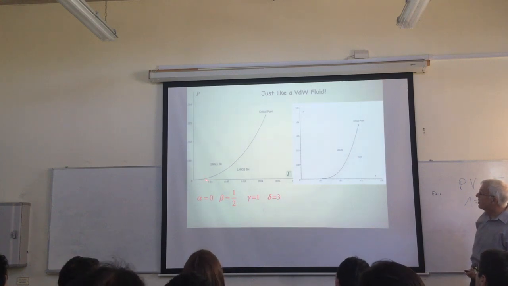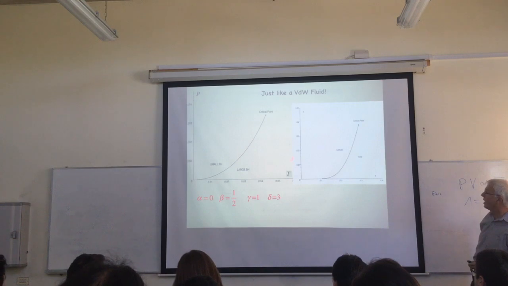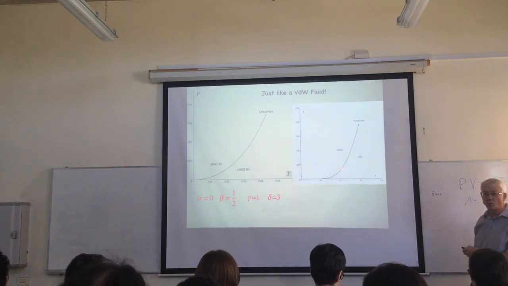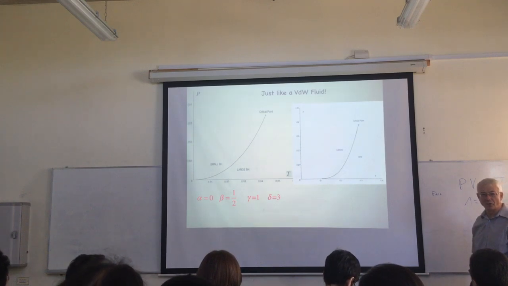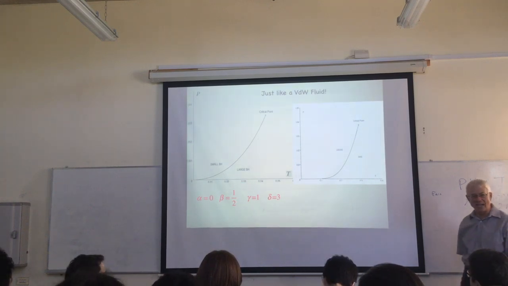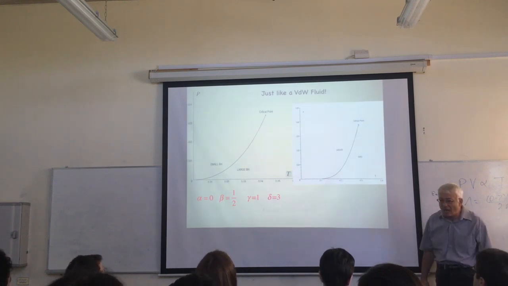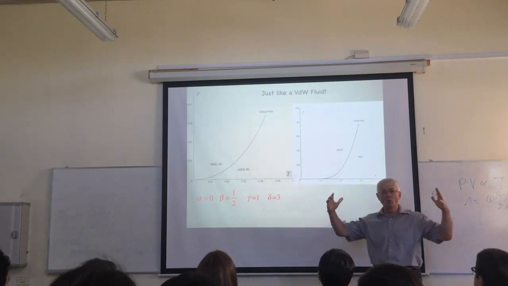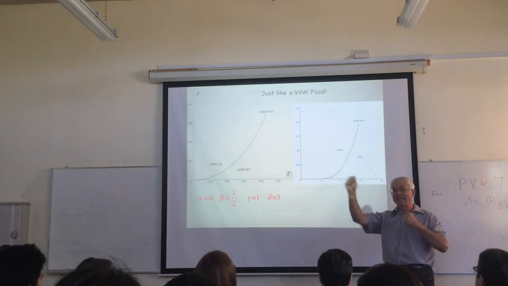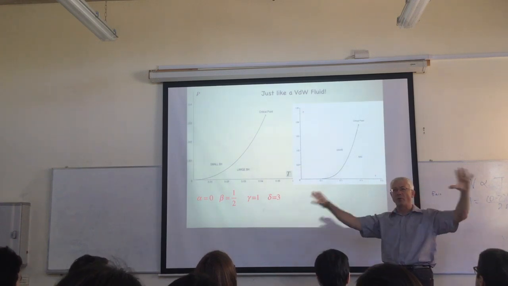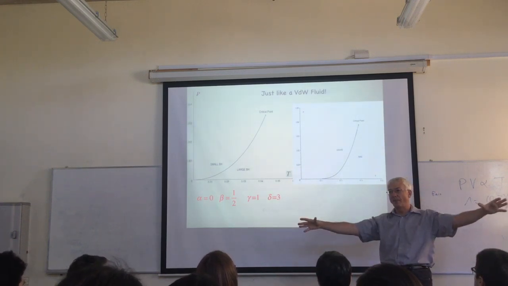Here is the law of corresponding states. Here's the small black hole, large black hole transition. There's the critical point, just like the normal liquid-gas. Small black holes are like liquid, large black holes are like gas. That always feels backwards to me, but nevertheless, that's the way it is. How would you understand this? Well, suppose I were in AdS and I had lots of big black holes far away from each other.